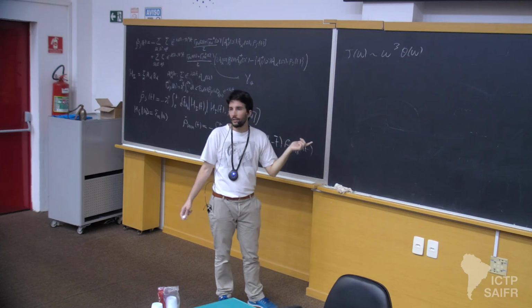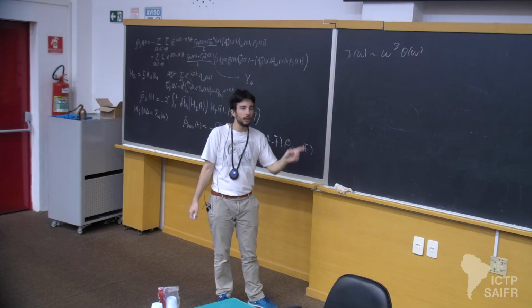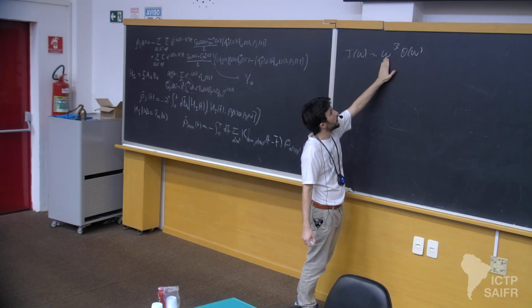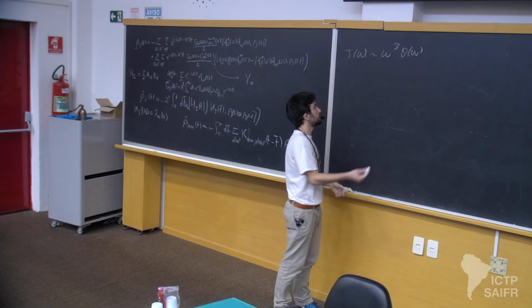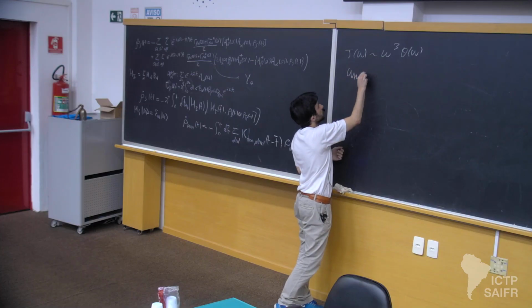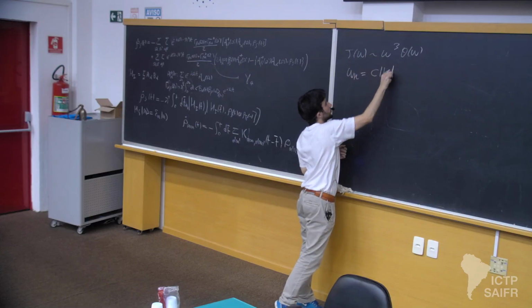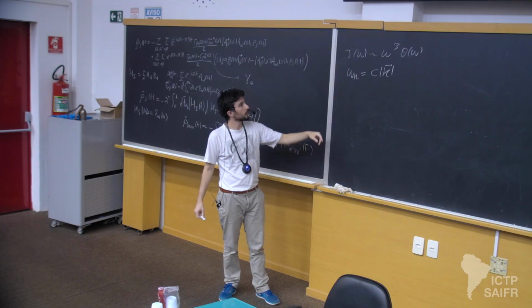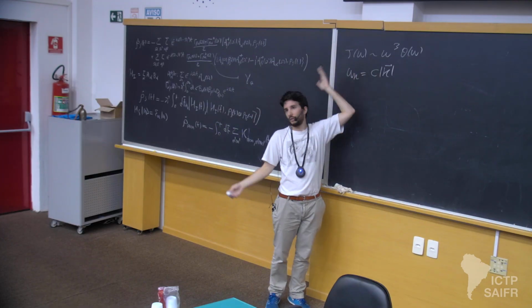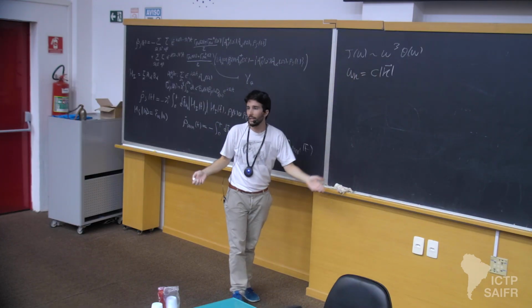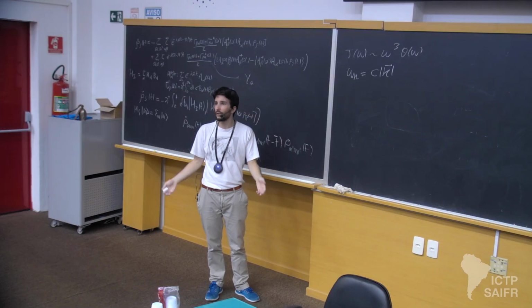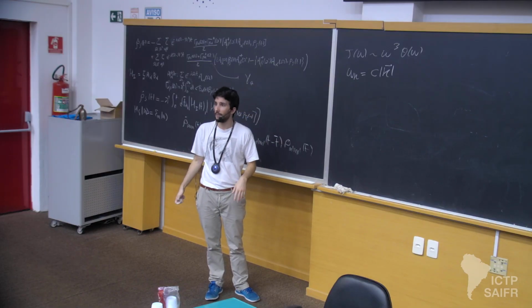But there are situations in which you can alter this. The origin of this behavior is the dispersion of photons, which is of course linear in momentum. So this is linear dispersion plus three-dimensional space. Now, you can alter the dispersion of photons by, for instance, putting them inside a cavity.